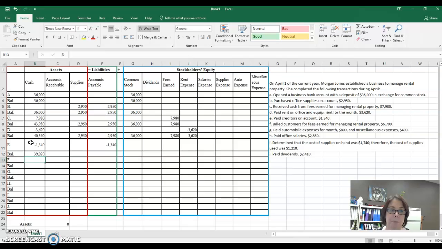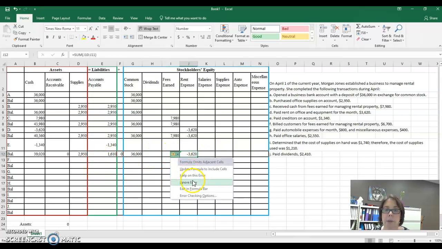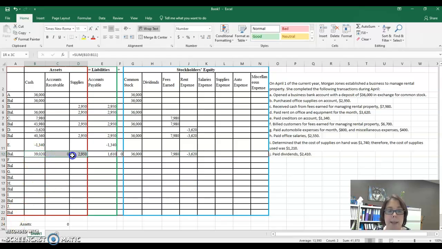Okay. I could speed this all up, drag this down, and that will give us our new totals, but I don't like that it puts zeros in where it doesn't belong. Let's ignore that error. So if I add up my assets, I'm looking at $41,970. My liabilities plus stockholders' equity is $41,970, so I'm still in balance.